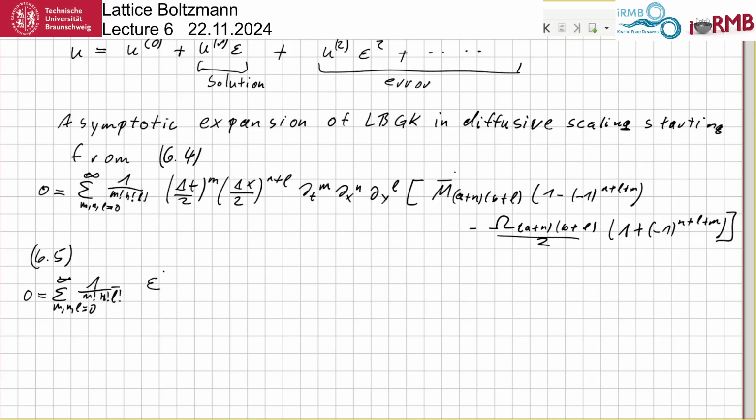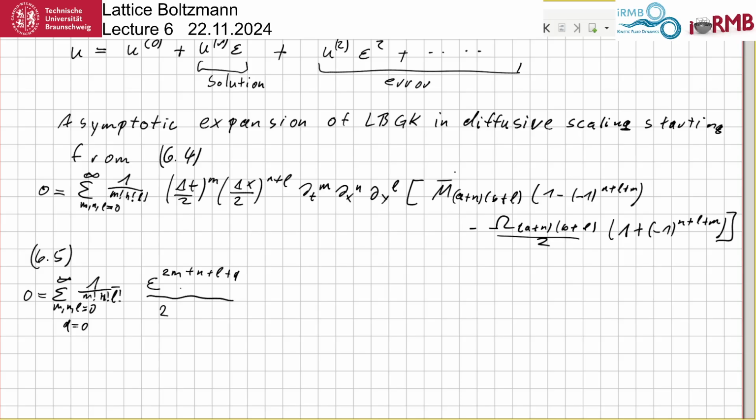So then we'll have epsilon to the power of 2m plus n plus L. And now we have something in addition, namely the q, and we sum up q from 0; with every order that we sum up, we get 1 q more.